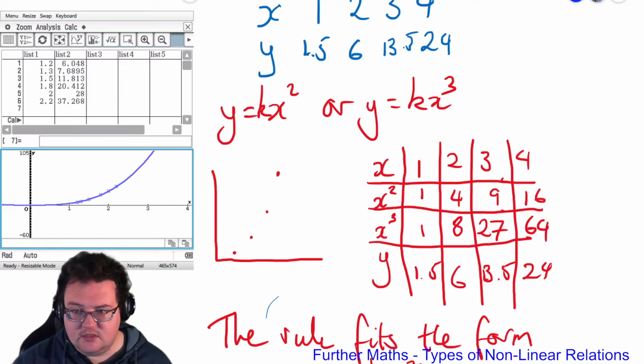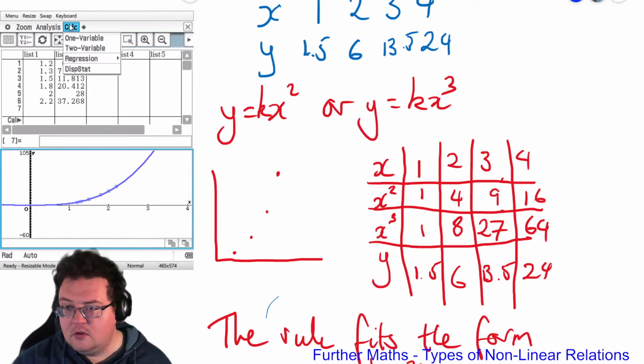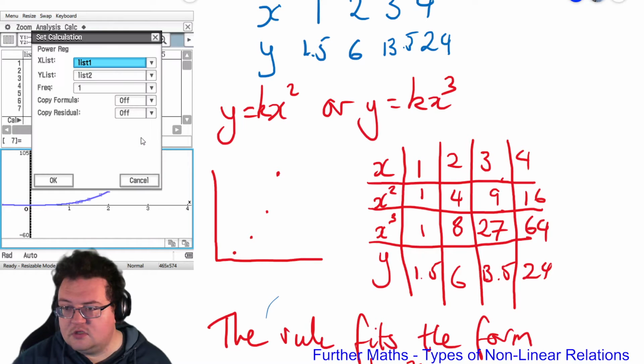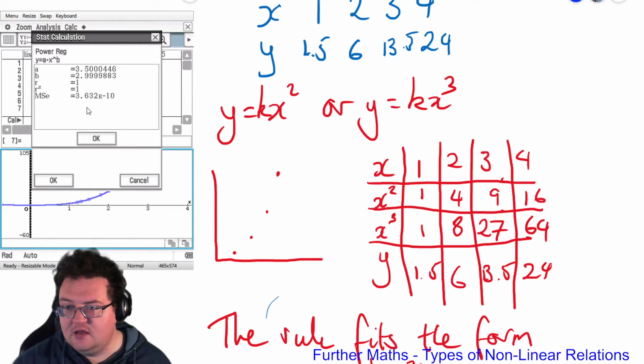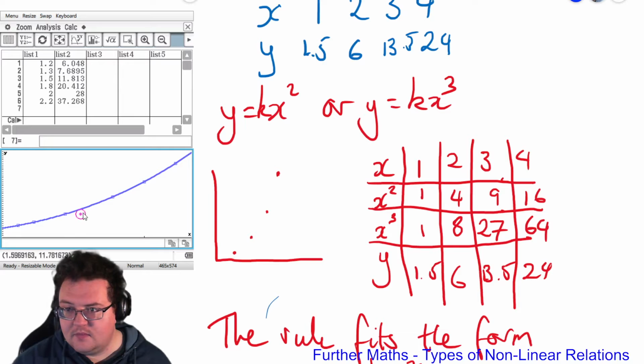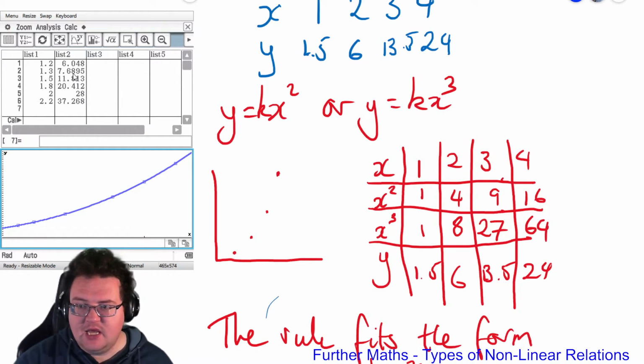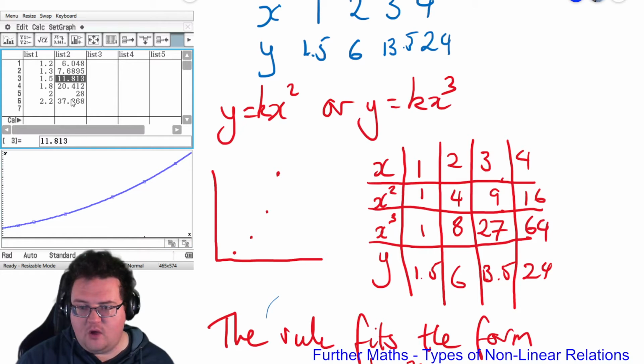it makes sense. So what sort of graph is it actually? Well, if I do the power regression, it's telling me b is actually 3. So this graph is actually a cubic. Now, the only reason why it's not exact numbers is because we have only a certain number of decimal places.